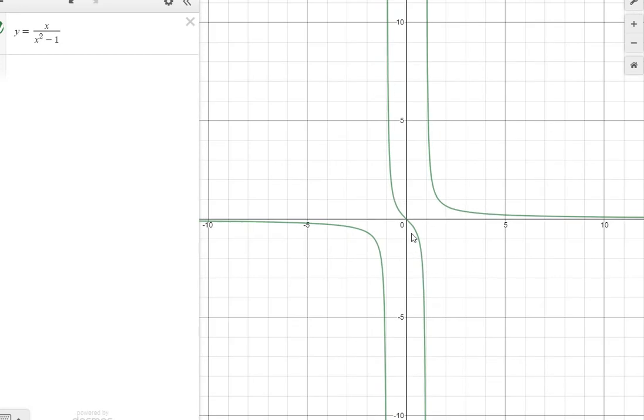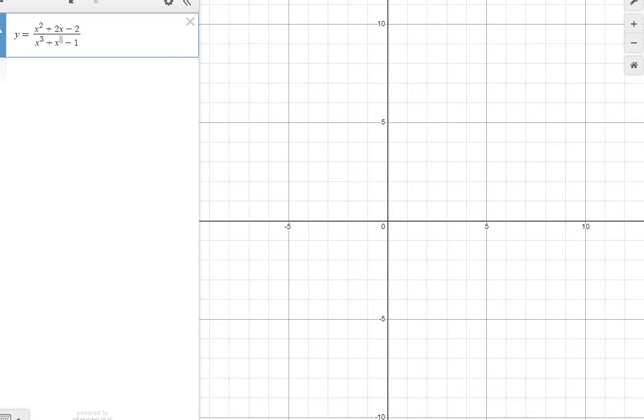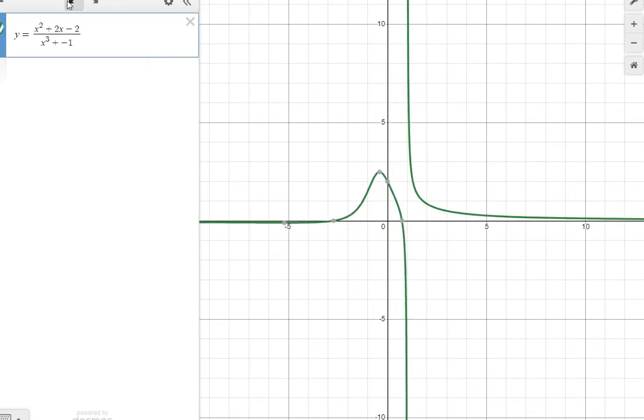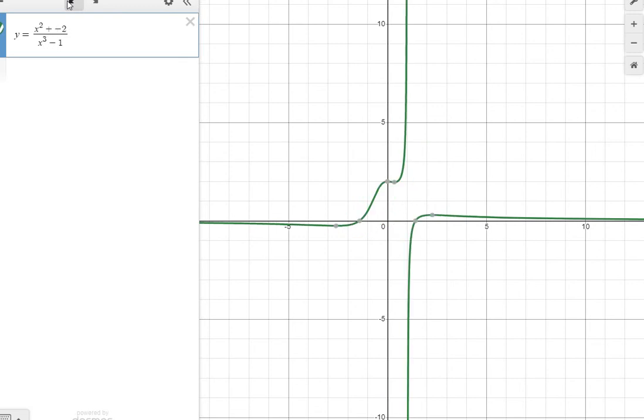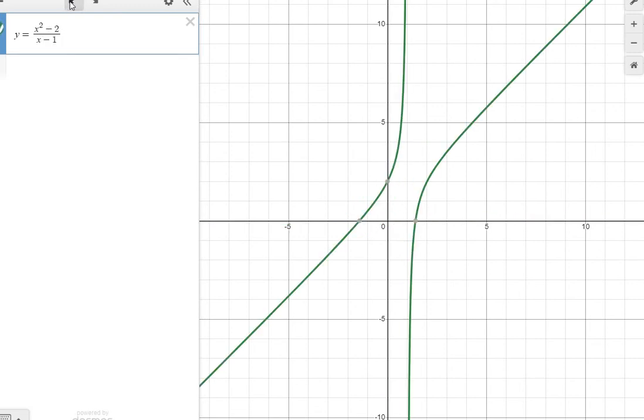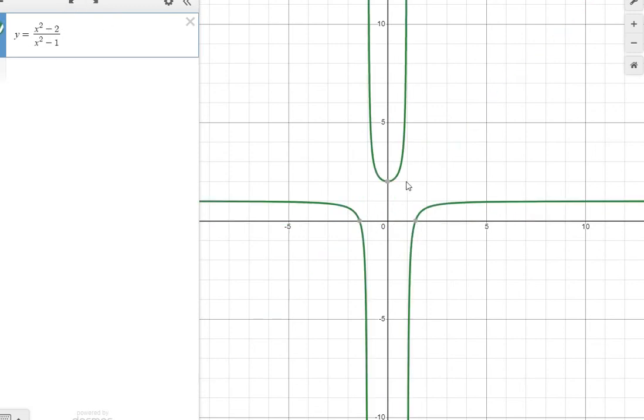All right, so let's finish our graph here. We had some good points in between here. Remember, this is going to curve, and it will never cross your vertical asymptote.